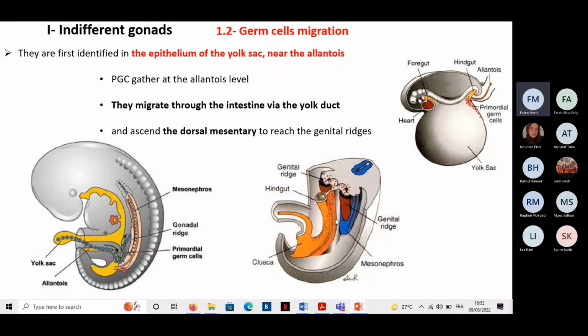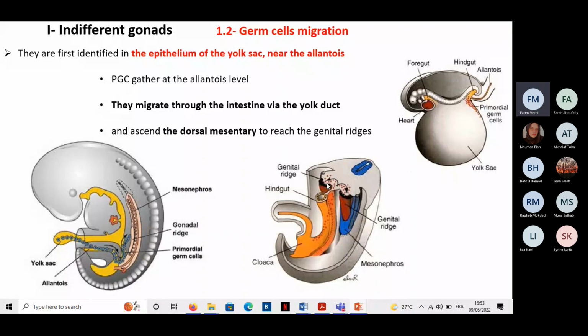So this mesentery here connects the gut to the abdominal cavity and to the kidneys and to the other organs. So the primordial germ cells, when they reach the gut, will move to the mesentery, and then from the mesentery, they will reach the genital ridges.